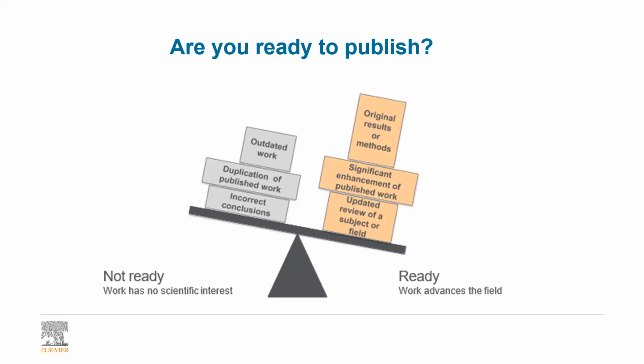If I have original results or methods, a significant enhancement of any published work, or an updated review of a subject in a specific field, then I'm ready to publish and my work will advance the knowledge in the field.